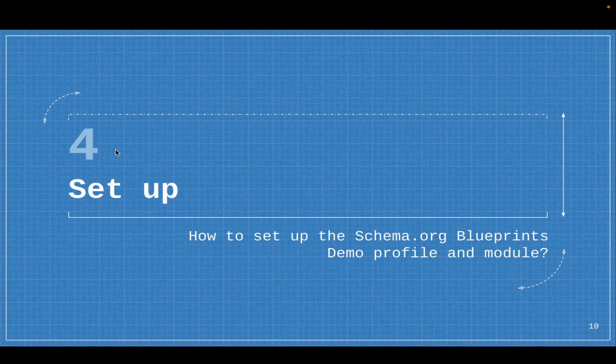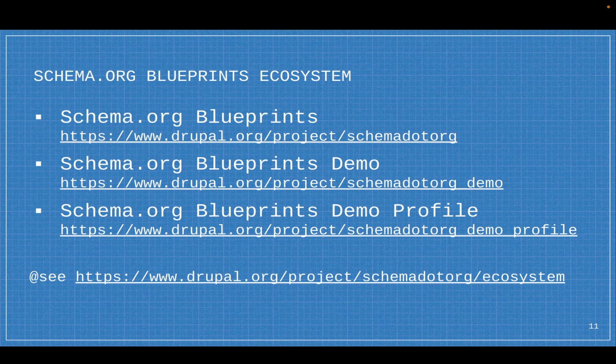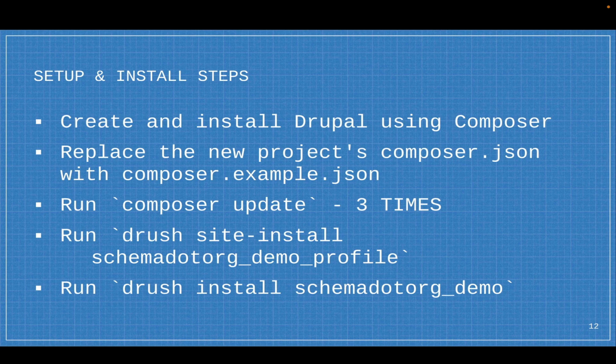So now I'm going to keep going, talking about setting up the Schema.org Blueprints module's profile and the main module. There are three modules here: the core schema_org module, the schema_org_demo module, and the schema_org_demo_profile. Just to say it about the installation profile, it's a lightweight version of the standard profile minus some unneeded configuration, which would be the contact module enabled and the article content type, which uses Drupal's old image field and not a media field.